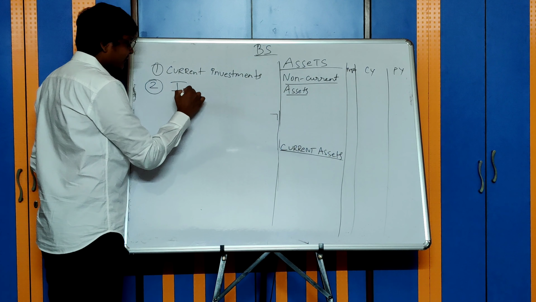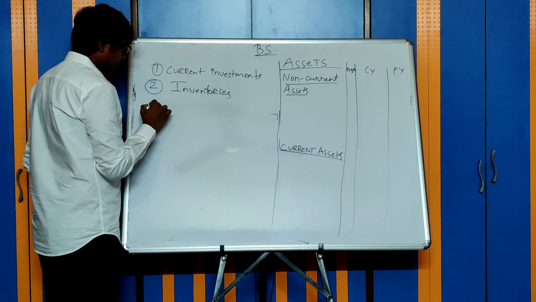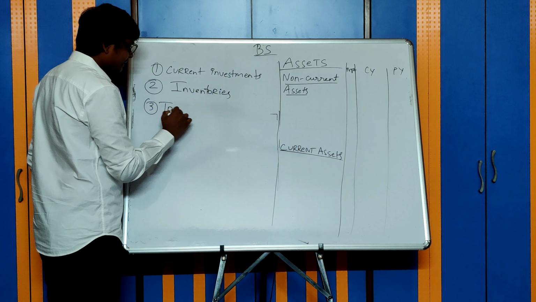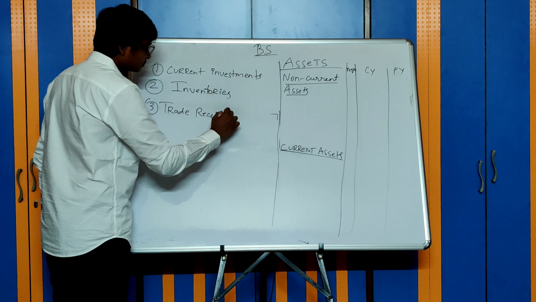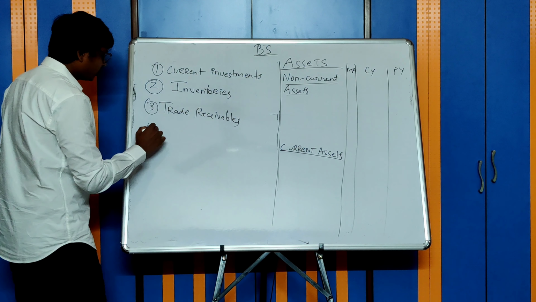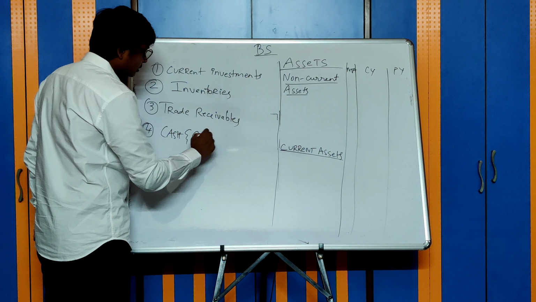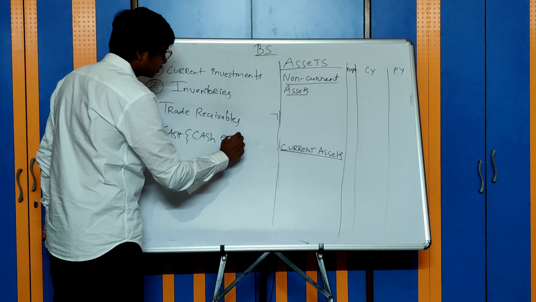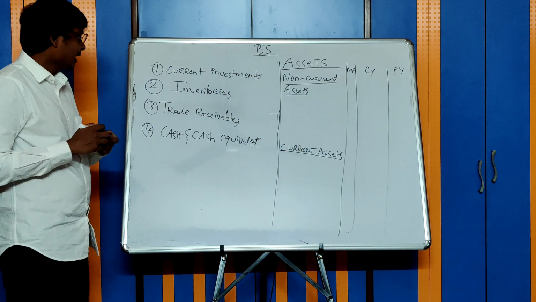Second is your inventories, nothing but your closing stock. Third is trade receivables. And fourth is cash and cash equivalents. What is this?